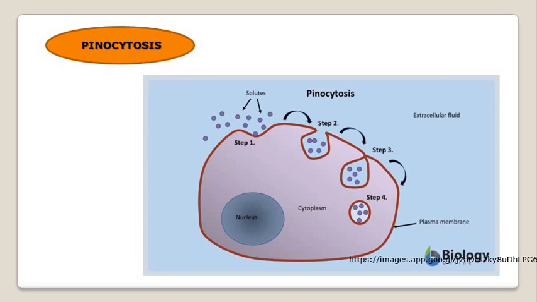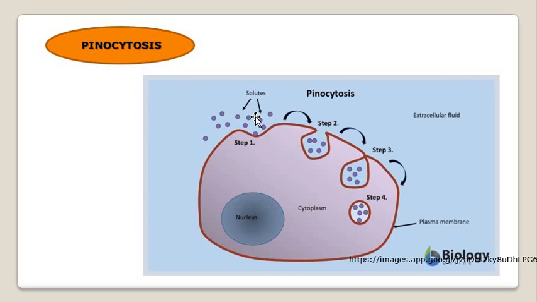Alright, so whenever there is intake of a fluid material, here I have shown a solid droplet. Solid itself is nothing but a fluid material into the cell by formation of a pinosome. So pinosome or pinocytic vesicle formation is called pinocytosis, right?